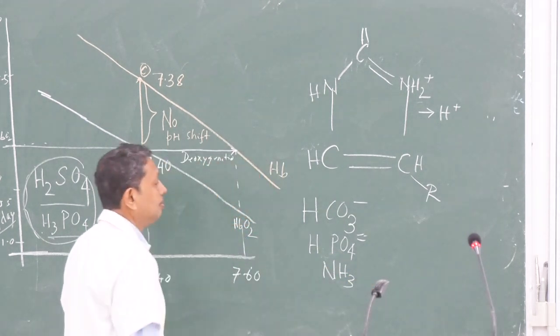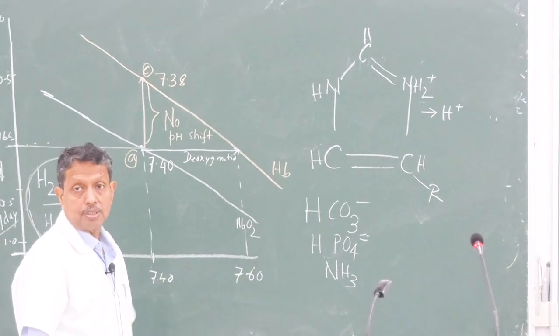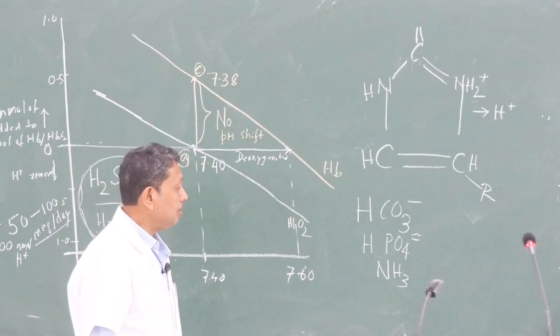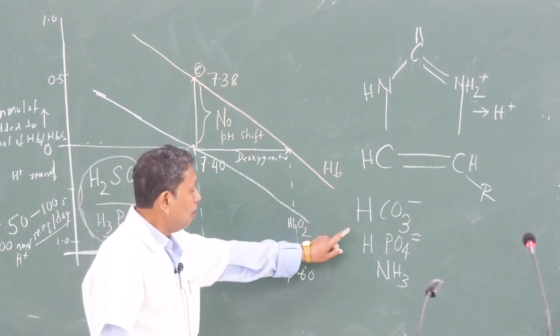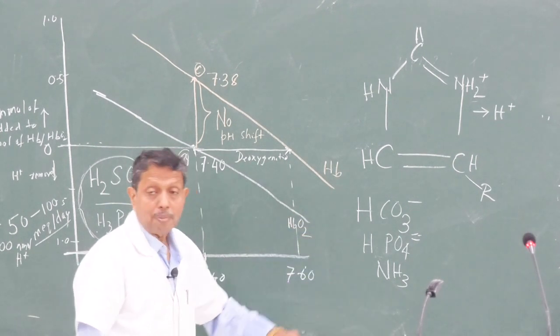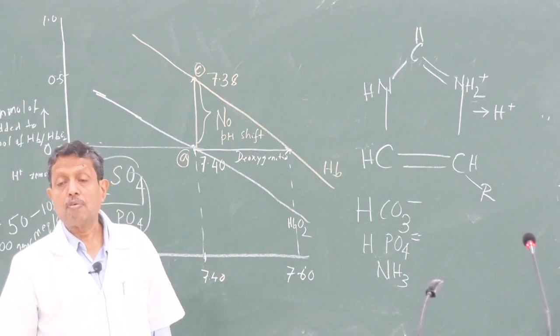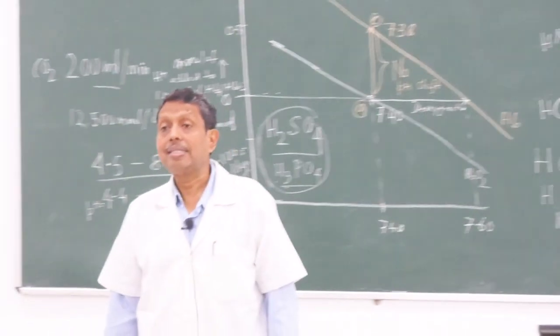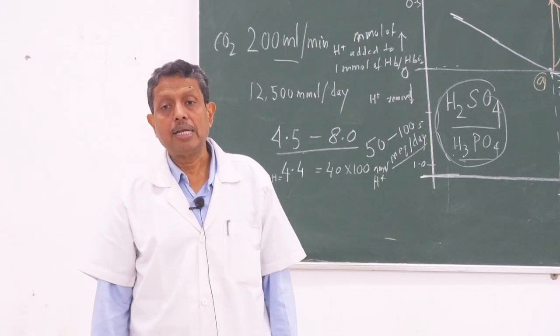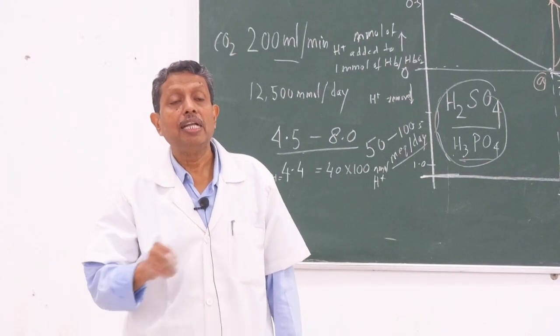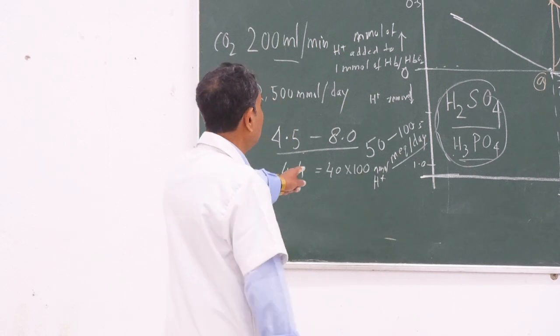These are the buffer systems utilized by the kidney: the bicarbonate buffer system, the phosphate buffer system, and the ammonia buffer system. Ammonia comes from glutamine. And the renal tubules must eliminate this amount.